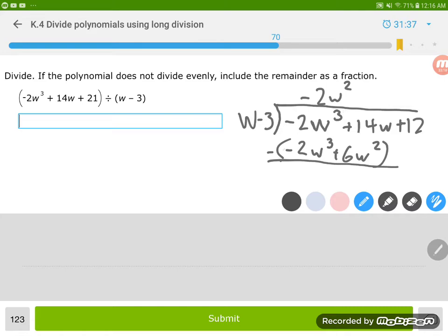Negative 2w cubed minus negative 2w cubed, those are exactly the same, so those can cancel. Now, my 14w and my 6w squared are not like terms, so I'm just going to simply write negative, don't forget your minus sign, w squared, and then I'll bring down my plus 14w plus 12.